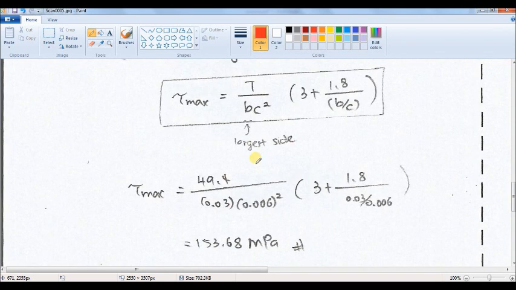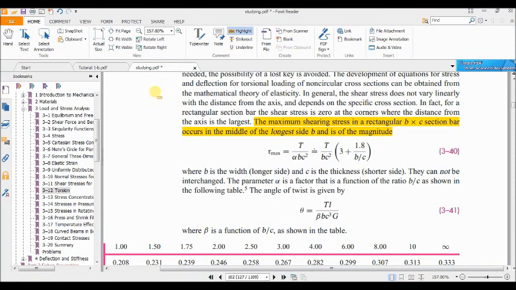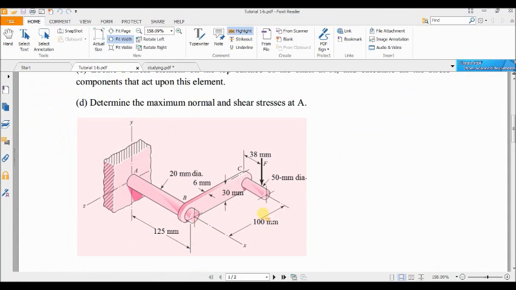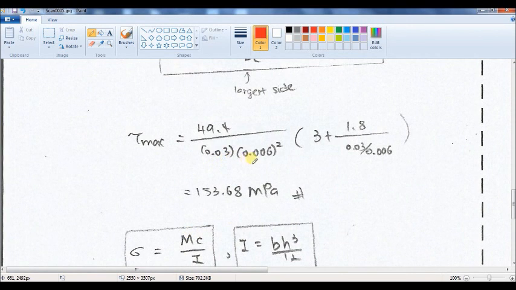Okay, so I will substitute torque, b, c. You can find the value of b and c here: the shortest side is 6 millimeter and the longest is 30 millimeter. So 0.03 and 0.006.